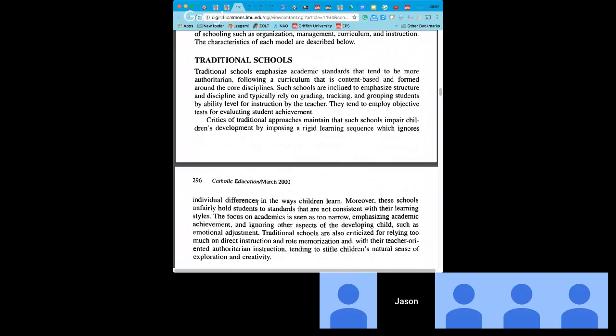I would probably argue that taking on any one model is not the most advisable approach, because there are times when a direct instruction approach is an appropriate pedagogical strategy, just as there are times when a constructivist project-based approach is a more suitable pedagogical approach.